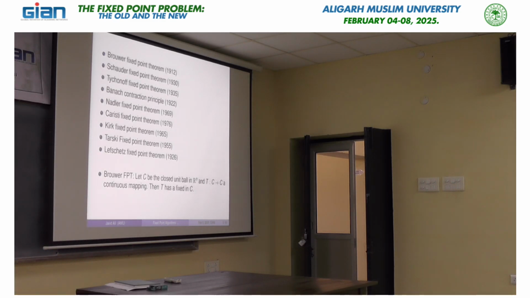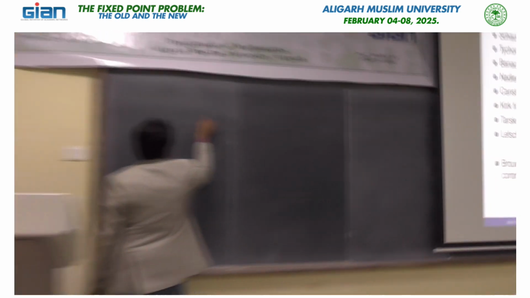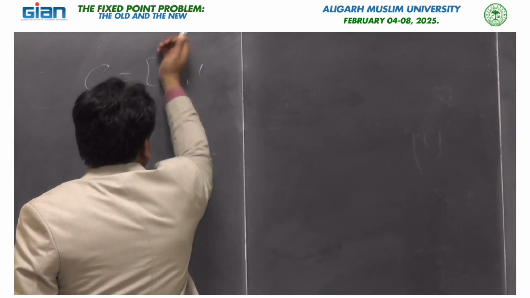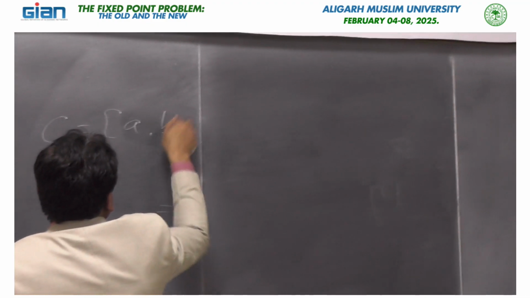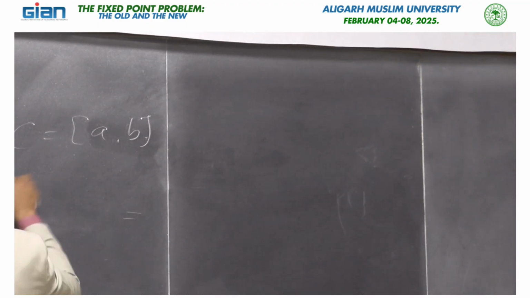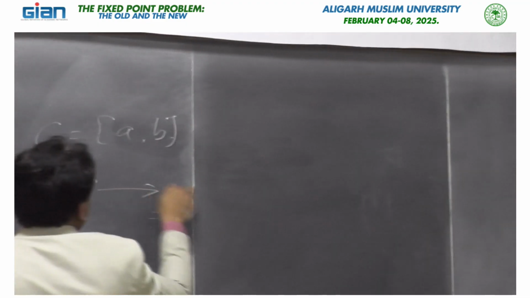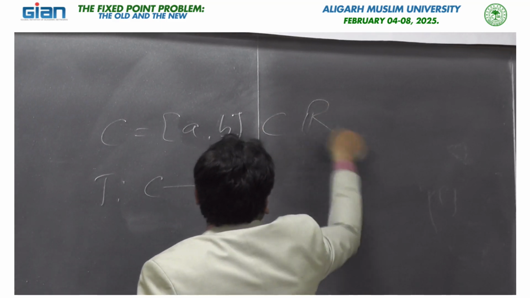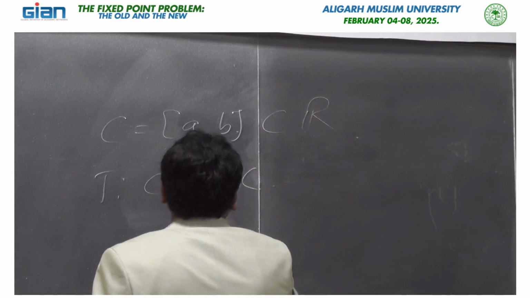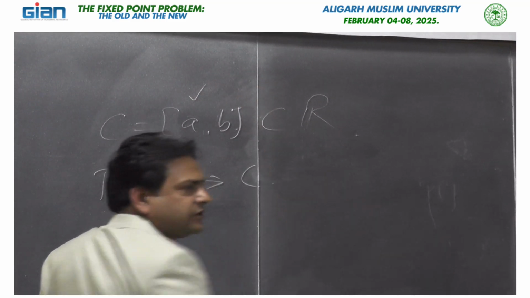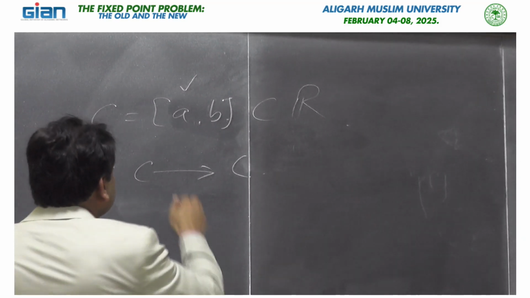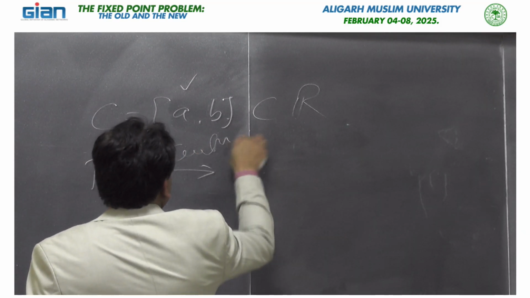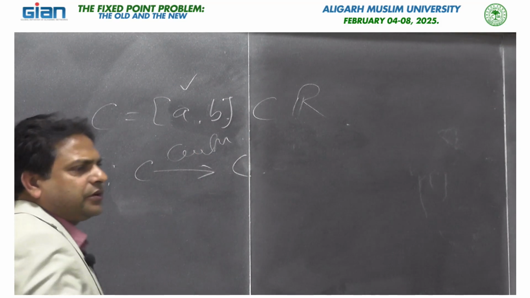So if I consider C equals maybe 0 to 1 or a to b, it doesn't matter, and I have a map T from C to C, a subset of R, which is closed, bounded, convex, no problem here, and this is a continuous map, then T has at least one fixed point.